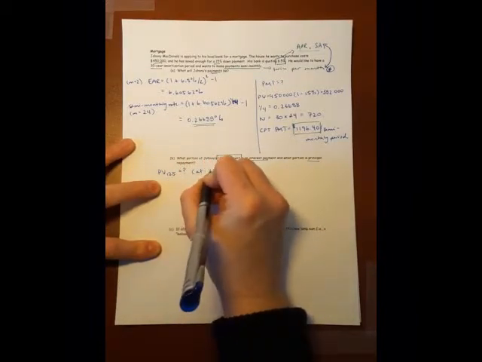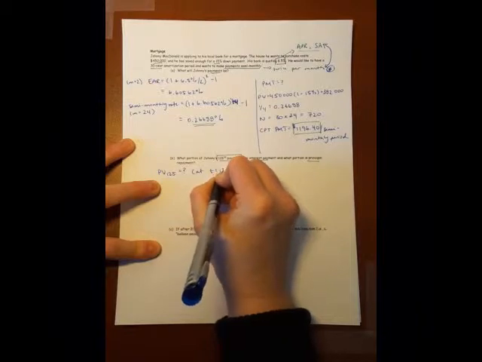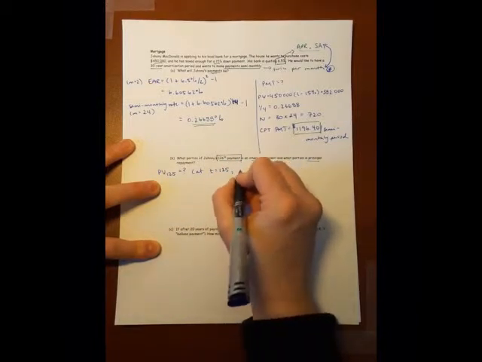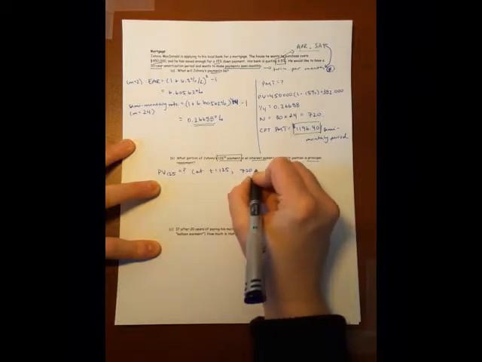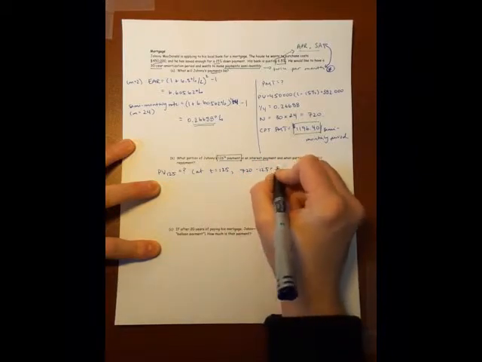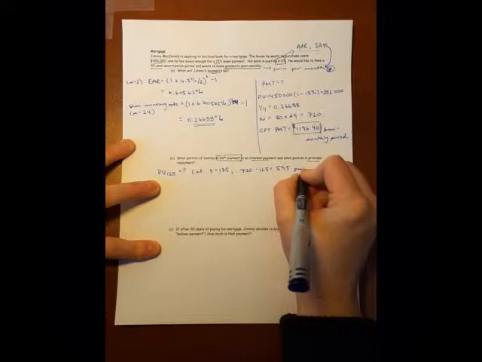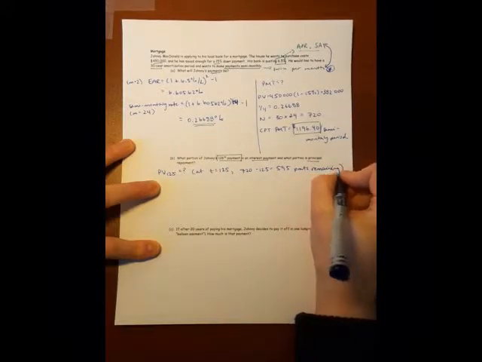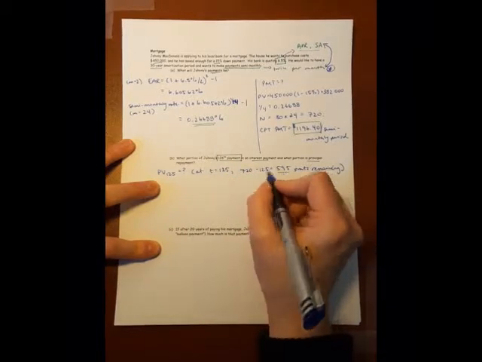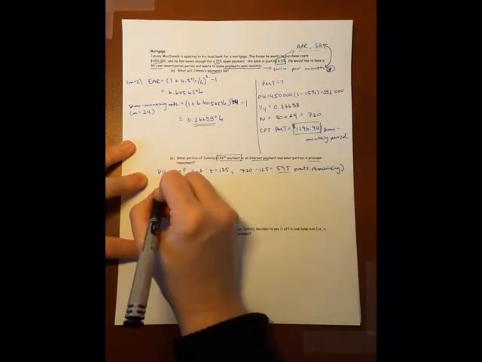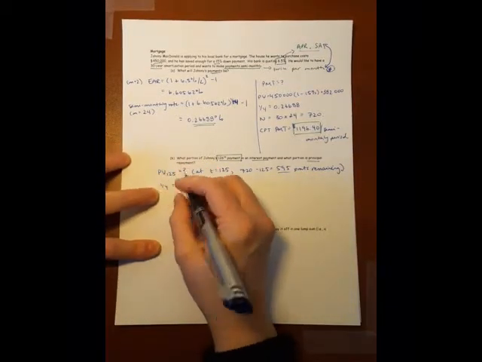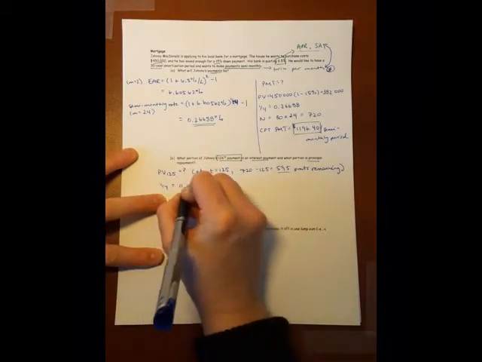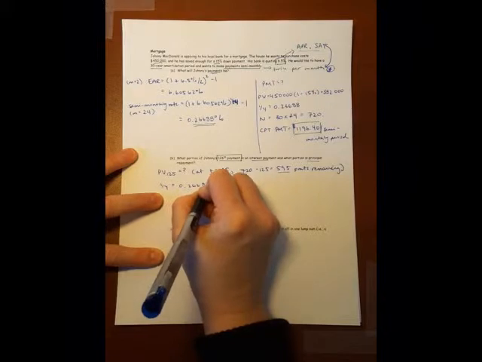Now let's note at time equal to 125, we have 720 minus 125, so 595 payments remaining. That is effectively our N. So we're looking for the present value of the loan at time 125. The interest rate's still the same, 0.26688.